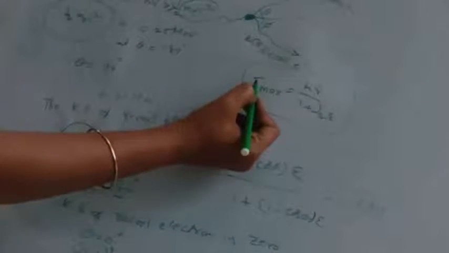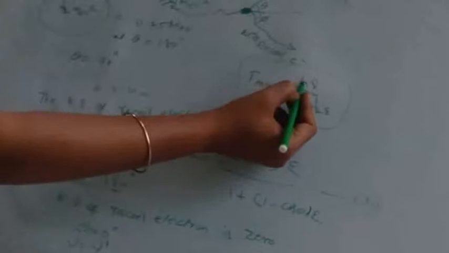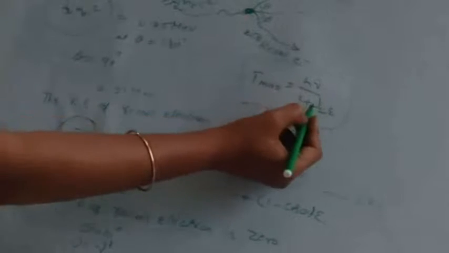Now the kinetic energy becomes maximum at an angle 180 degrees and it becomes 0 at theta equal to 0 degrees. At this situation, the frequency nu becomes nu dash. Then the maximum kinetic energy becomes h nu by 1 plus half epsilon.